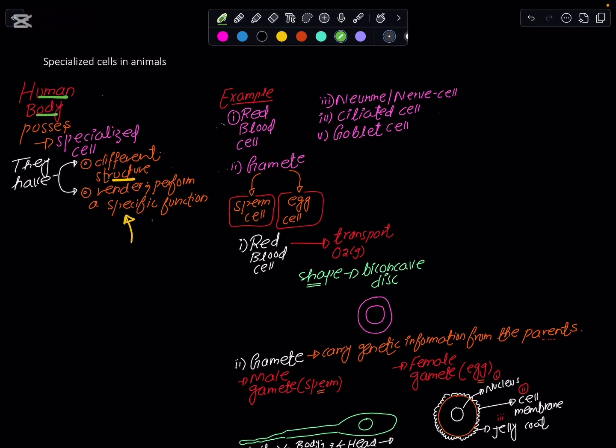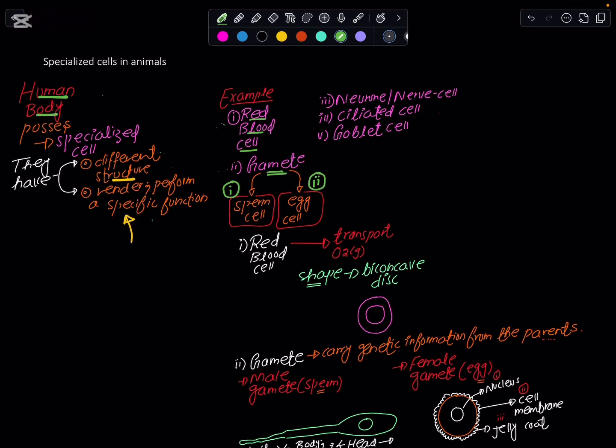If I were to name some of the specialized cells we need to know, we have red blood cells, and the role of red blood cells is to transport oxygen gas around the body. Then we have gametes, and among the gametes we must talk about the sperm cells and the egg cells.